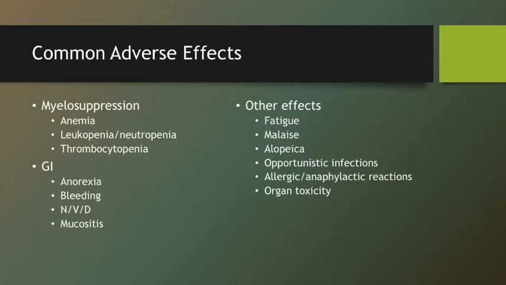And then, shockingly, chemotherapeutic agents have a high risk profile for allergic or anaphylactic reactions. So that's something that you need to monitor for. Okay? And then organ toxicity, of course. Organs that are especially susceptible to toxicity include hearing, renal, liver, and then the heart.